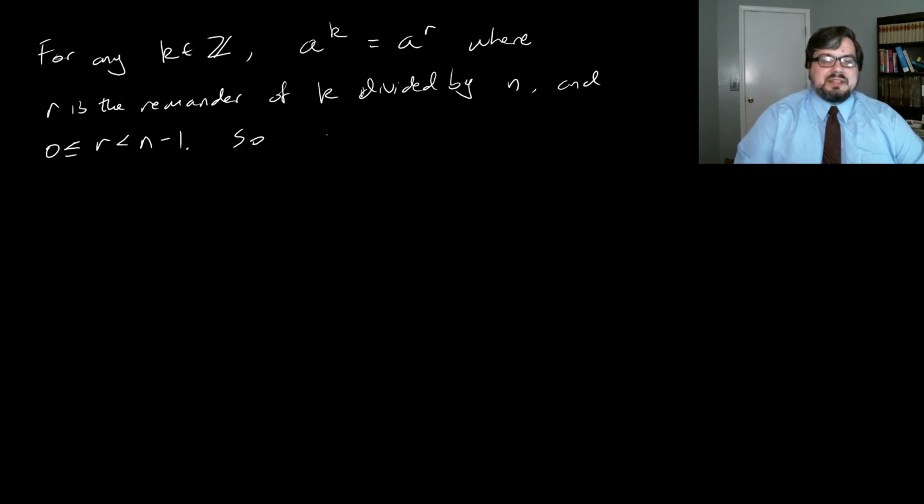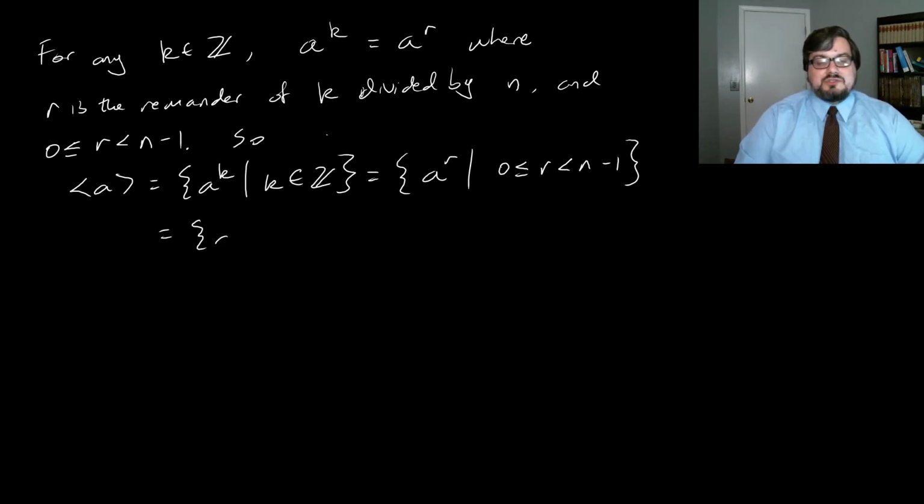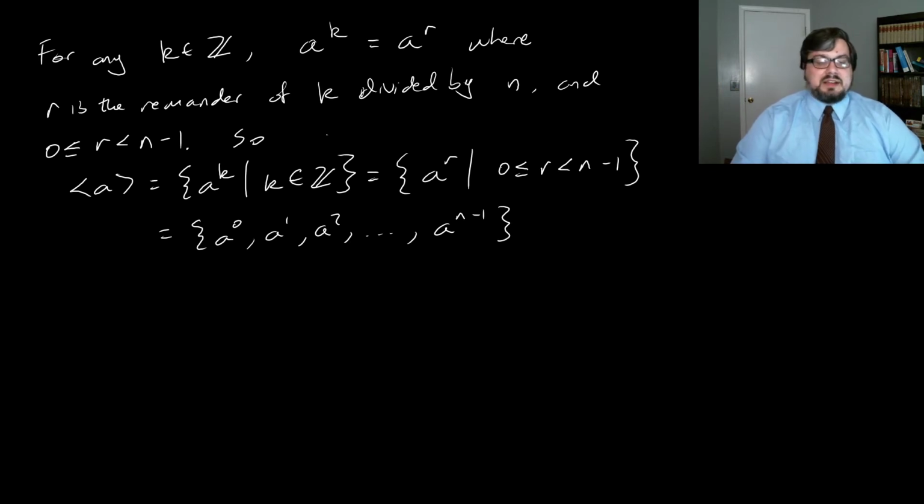So that means that the cyclic subgroup generated by a, which is the set of all a to the k's, where k is an integer, is just the set of a to the r's that we get, where r is a remainder when you divide by n, and so that's just a to the 0, a to the first, a squared, up to a to the n minus 1. And since a to the 0 is the identity, that finishes off the proof.